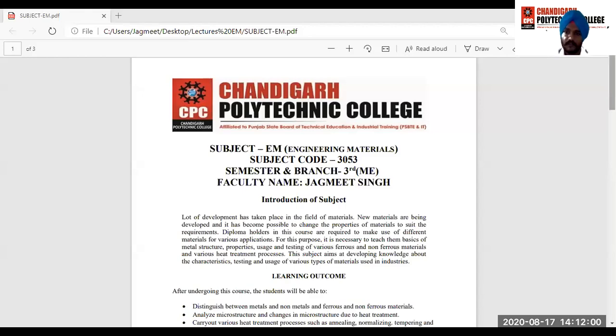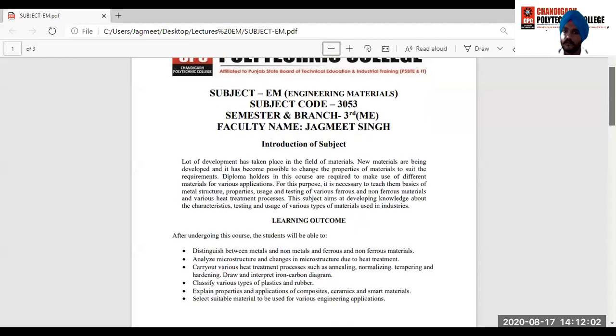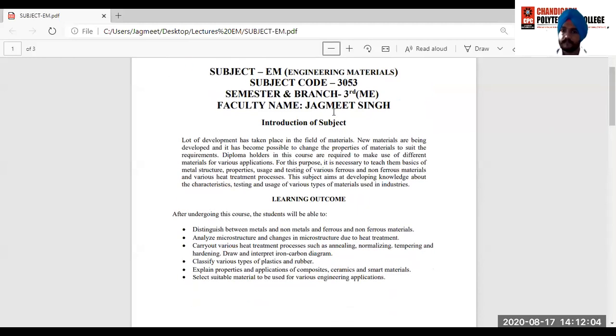First of all, introduction of subject. A lot of development has taken place in the field of materials. New materials are being developed and it has become possible to change the property to suit the requirements. Diploma holders in this course are required to make use of different materials for various applications.